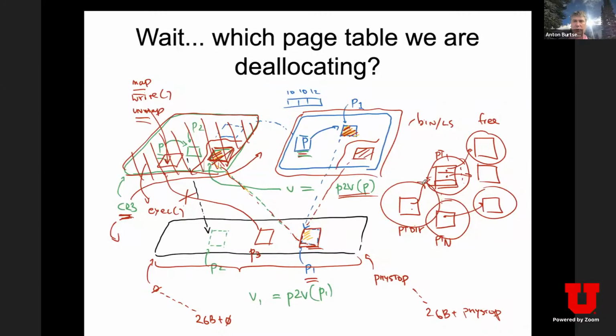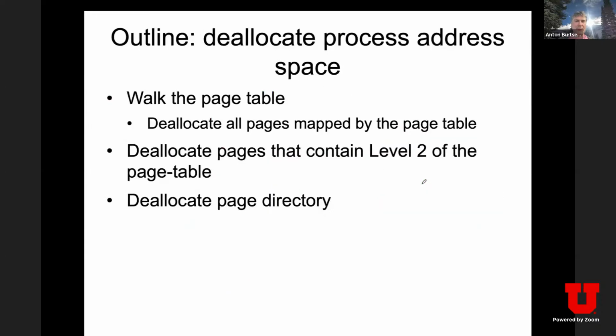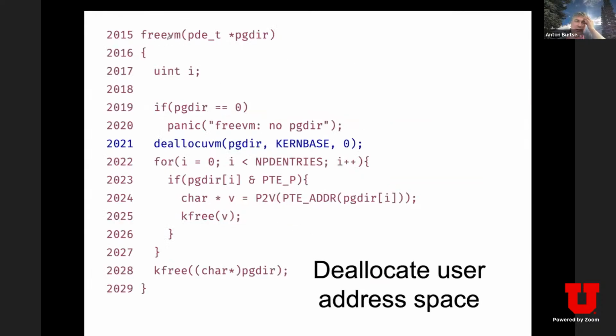So let's take a look at how x86 does it. At a high level, the algorithm walks the page table, deallocates all the physical pages mapped by the page table, like I said, deallocates the pages that contain the page tables, so level 2 of the page table, and deallocates the page table directory. And this is the code. Essentially the function free virtual memory in x86 does the following.